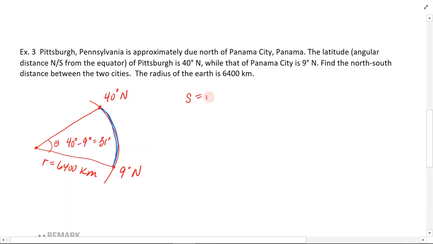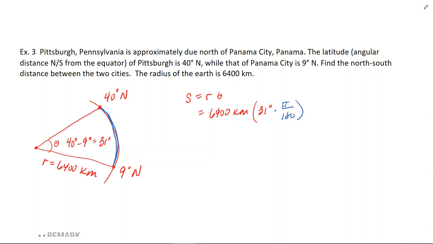The arc length S is equal to r theta. We know the radius is 6,400 kilometers, and we know that theta is equal to 31 degrees, which we're going to convert into radian measure with pi over 180.